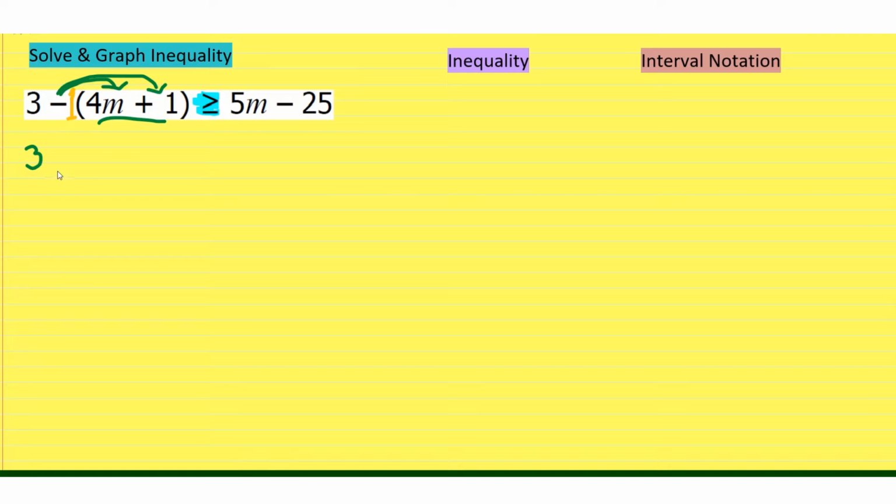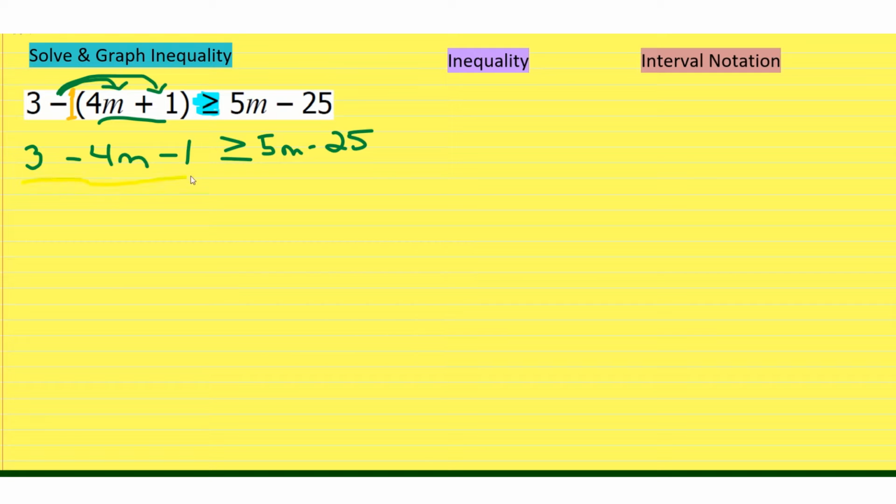So negative 1 times 4 is going to be negative 4m. And negative 1 times the positive 1 is a negative 1. And then there's my inequality sign, and then I still have 5m minus 25 on this side. Okay, at that point, we just continue to use order of operations to combine like terms.